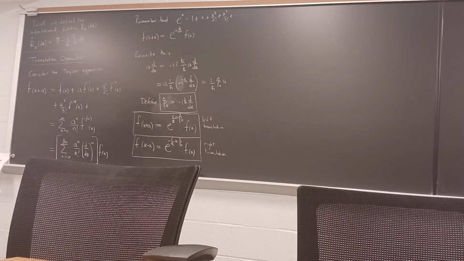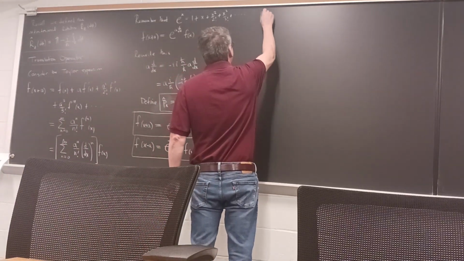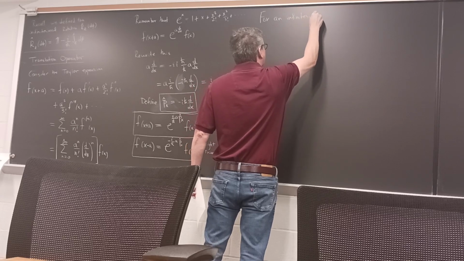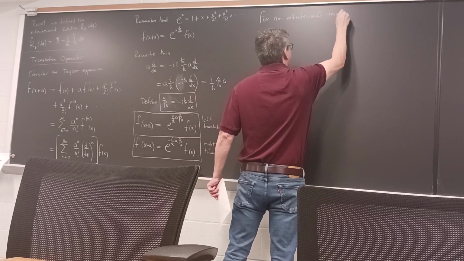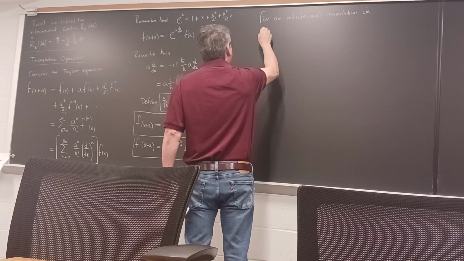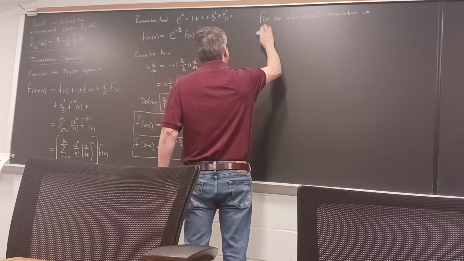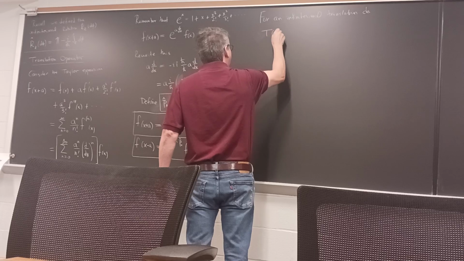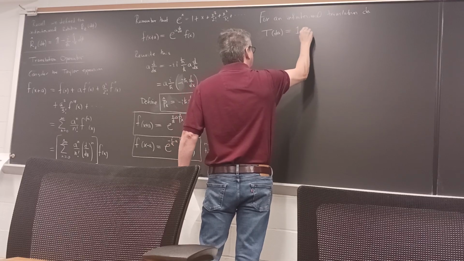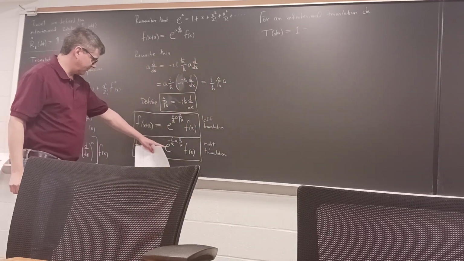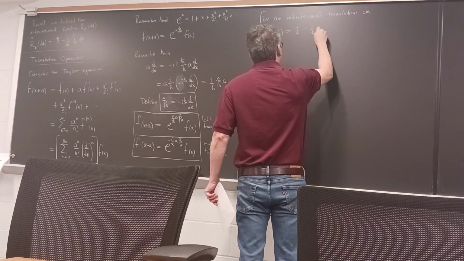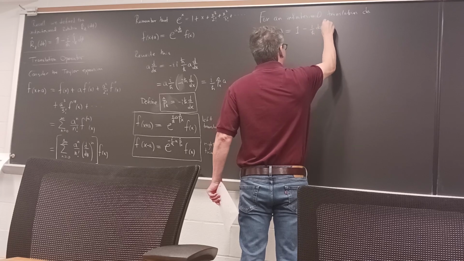Okay, so let's look at, for an infinitesimal translation, dA, the translation operator, T of dA, will just be 1 minus, this is now just the expansion of the exponential function, 1 minus i over h bar dA times p hat x.